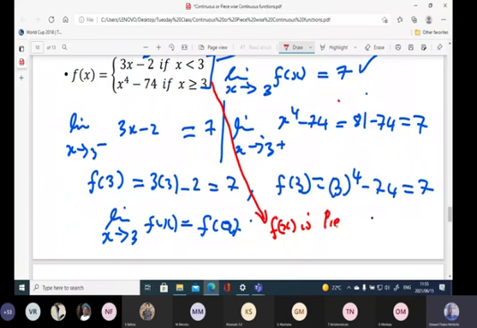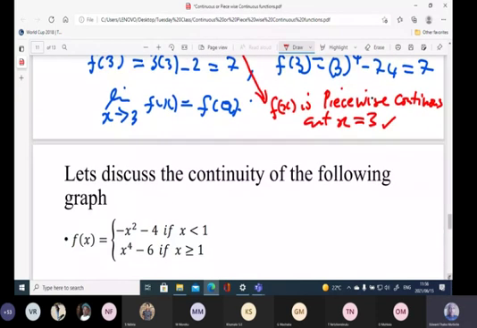The right way is to write like this: f(x) is piecewise continuous, a continuous function at x equals 3.